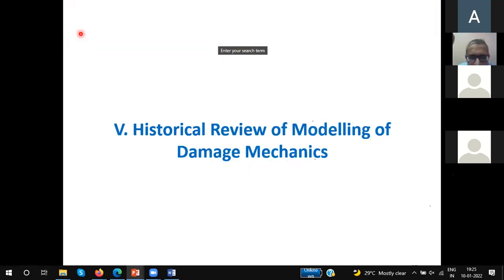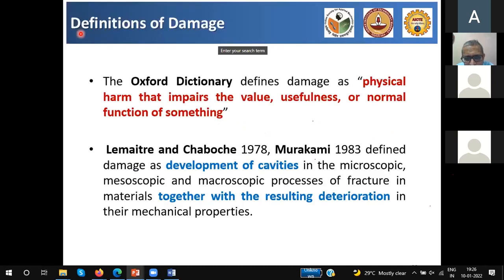Okay, so let us move forward. I want to really have some discussions because I seem to have put too much material in here. But anyway, let us go through this. There's an interesting thing about damage, and there's something that people should know about damage mechanics as we go along.